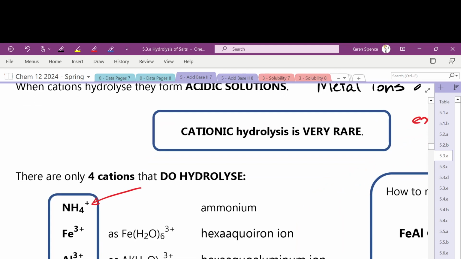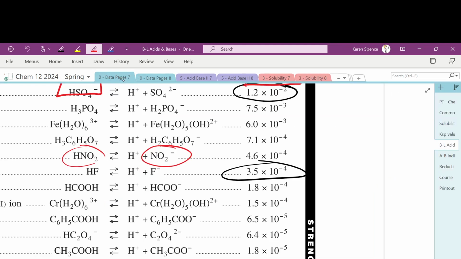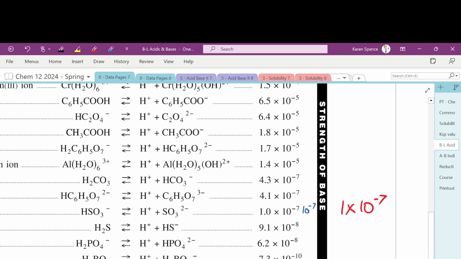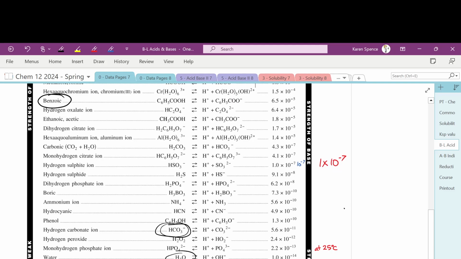Okay, because ammonium is a what? Look on your data sheet and find ammonium. Here's ammonium.